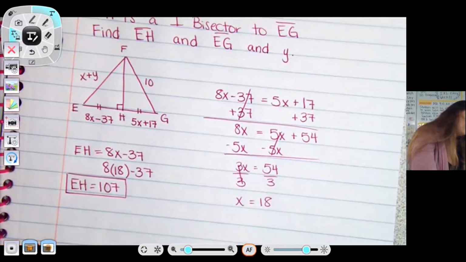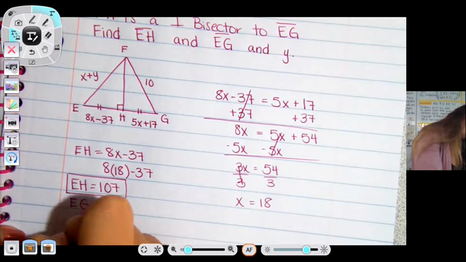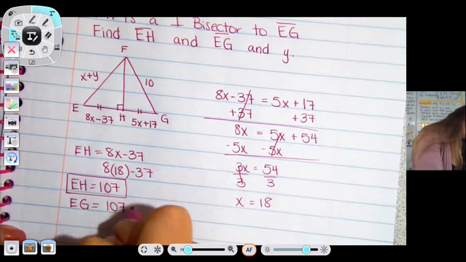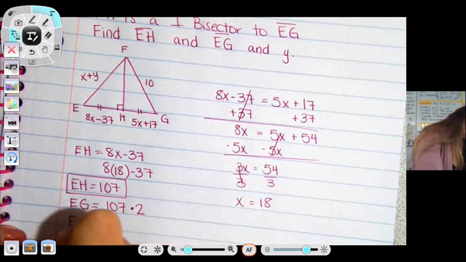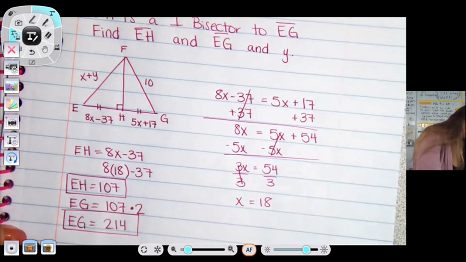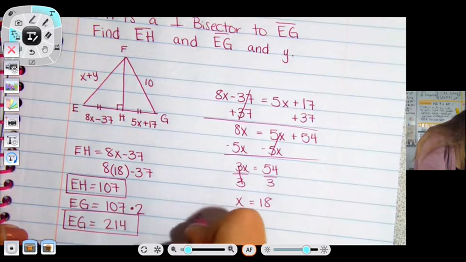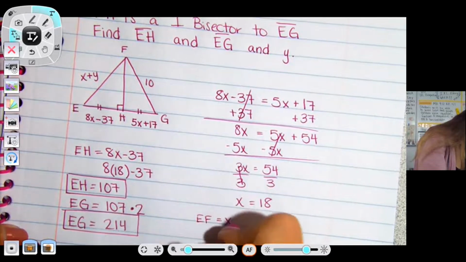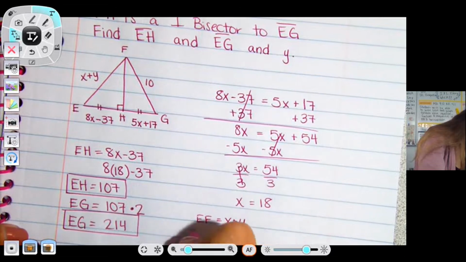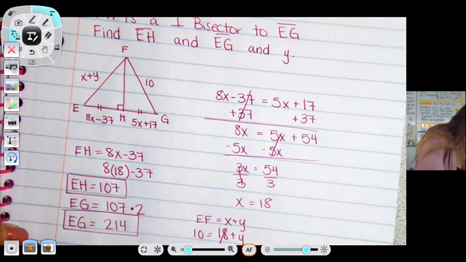What else do I need to find? What do we get for y? Negative 8.